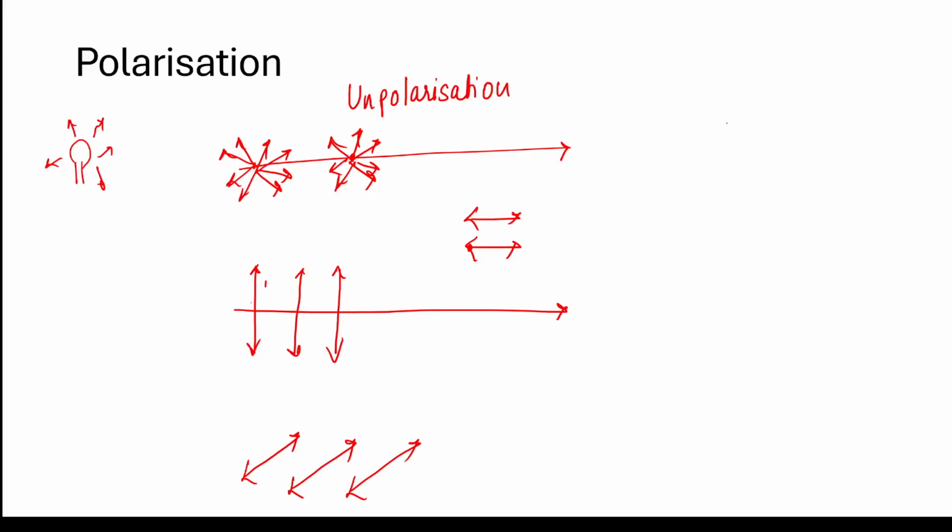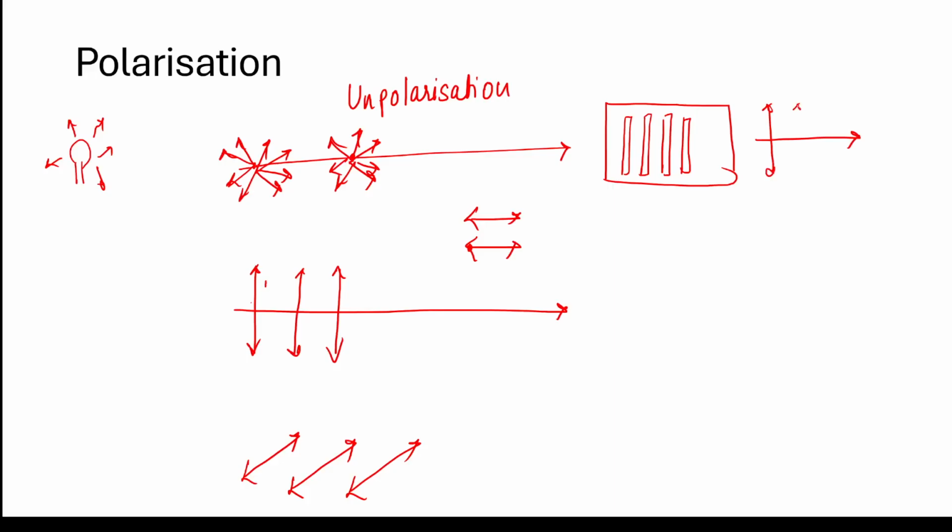For example, if I let this light pass through a polarizer, a Polaroid, and this polarizer has slits like this, then it restricts all the electric field vibrations parallel to the slit. So the light ray that comes out would have electric field vibrations only in these directions.